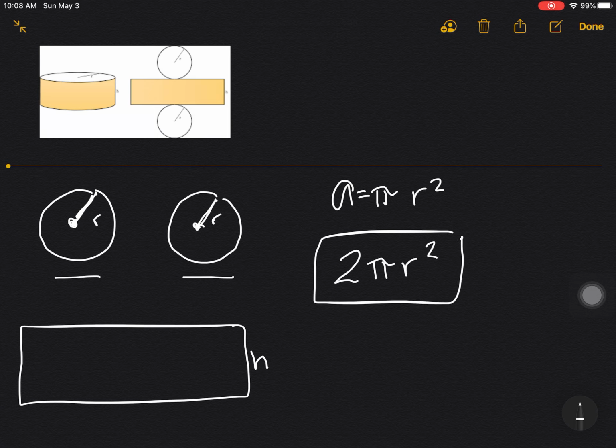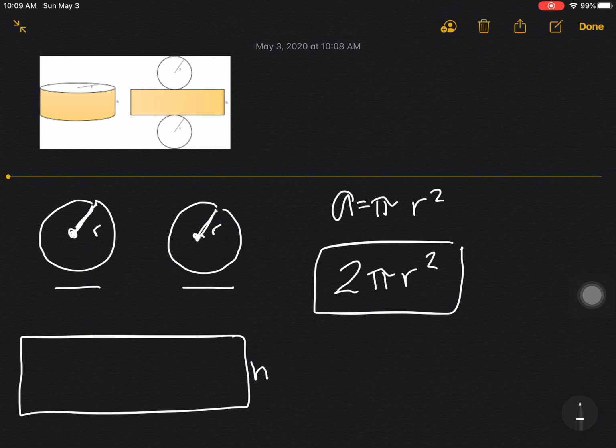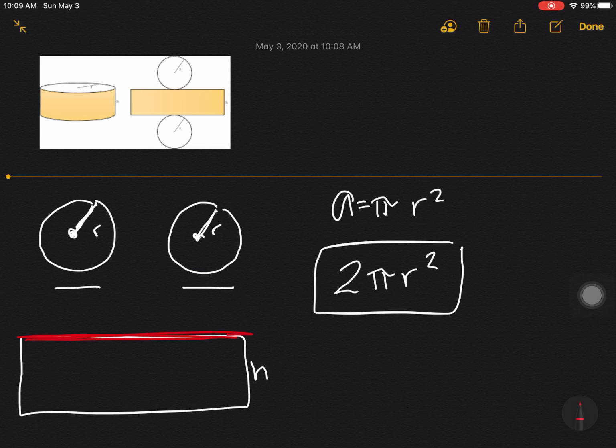Now this next part gets a little bit trickier when we're trying to find the dimensions of this rectangle. Now notice that this rectangle is in the middle of our two circles. So when we're trying to find this upper dimension, we can use the dimensions from our circles to help us.